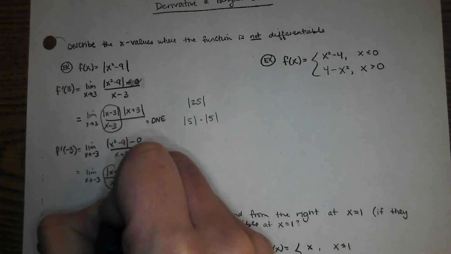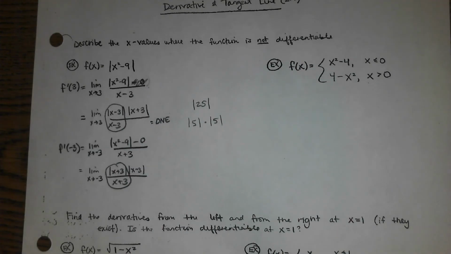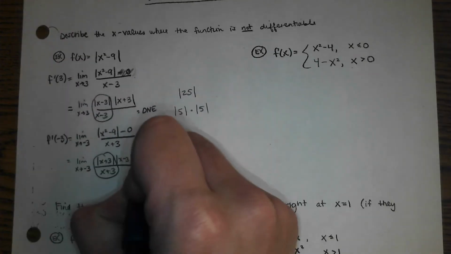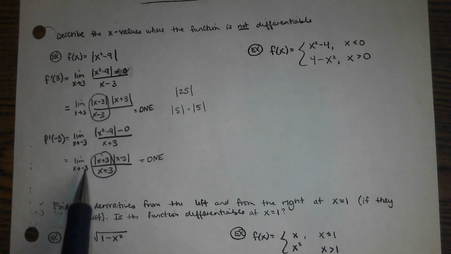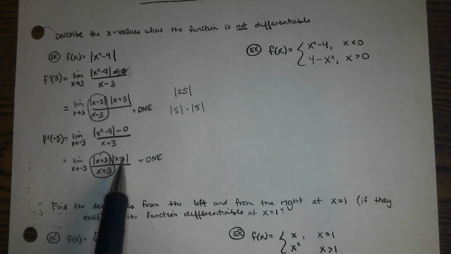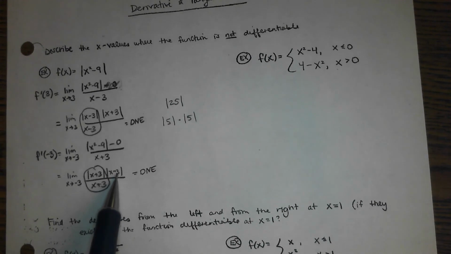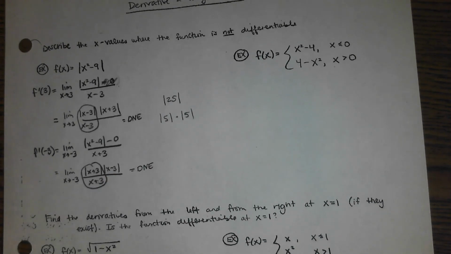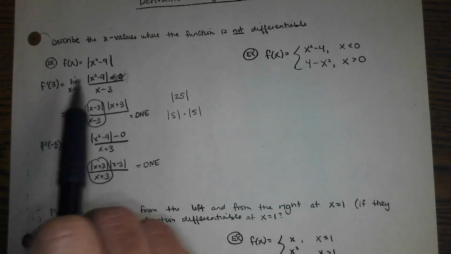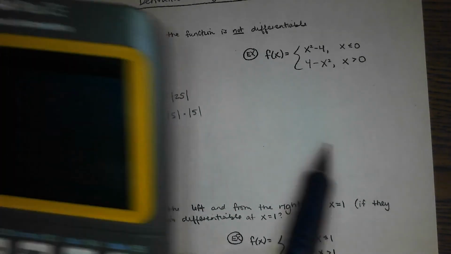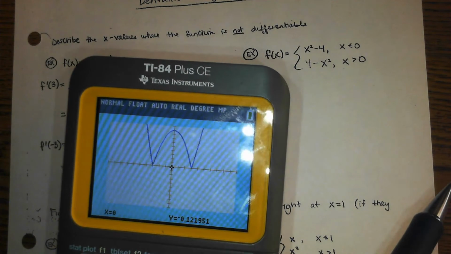Now here's the jump part, and that's your does not exist. So that would have a limit of does not exist. If you plugged in the -3 to the second part, it would be a limit of -6. Does not exist times -6 is still does not exist. So your slope at -3 doesn't exist, and your slope at +3 doesn't exist, and that is evidenced in the graph. Good?